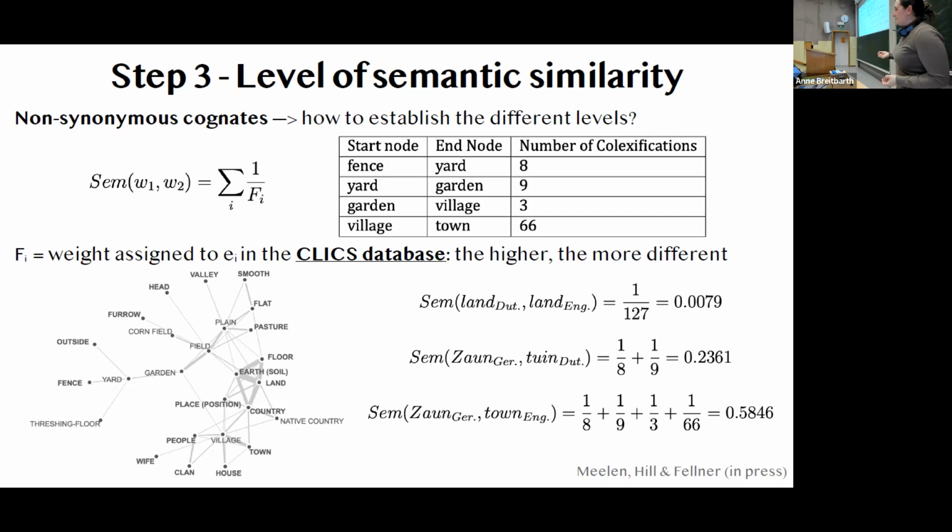And that then gives you an opportunity to calculate, well, if you have Dutch land and English land, then you get 1/127, which is a very low number. So here, lower numbers are better, they're more similar, right? Whereas higher numbers, like the tuin and town example, you need to do more steps, but also the lines are thinner there. So that gives you quite a high number. So that gives you a way to automate this.